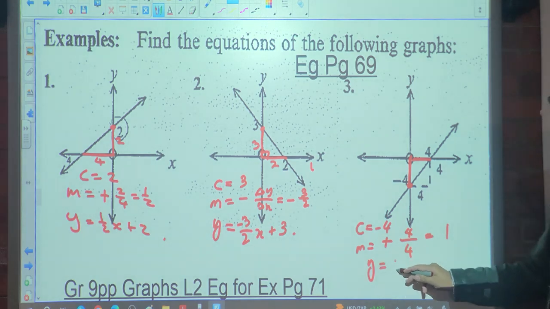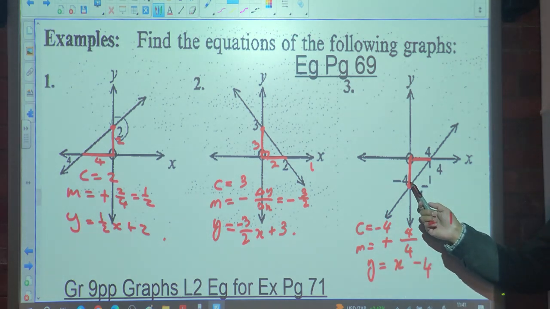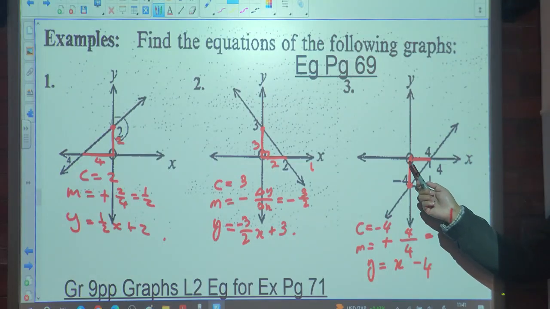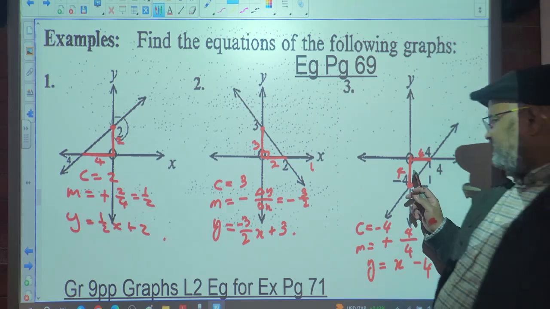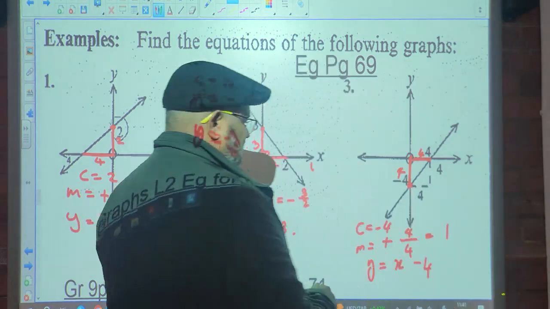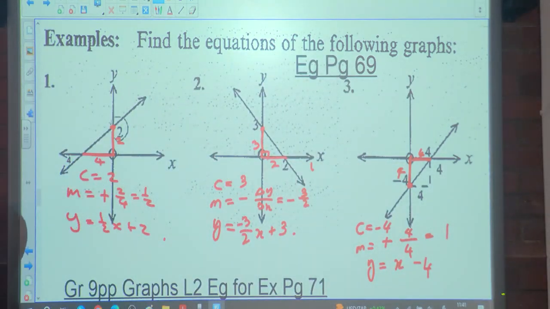My equation is y is equal to 1x minus 4. Although that is negative 4 here, can you see? But this length is 4 and that length is 4. You see that, people? You all understand? You don't go with the negative thing. You're going to go with the change in y, so it must be a positive value. Okay.